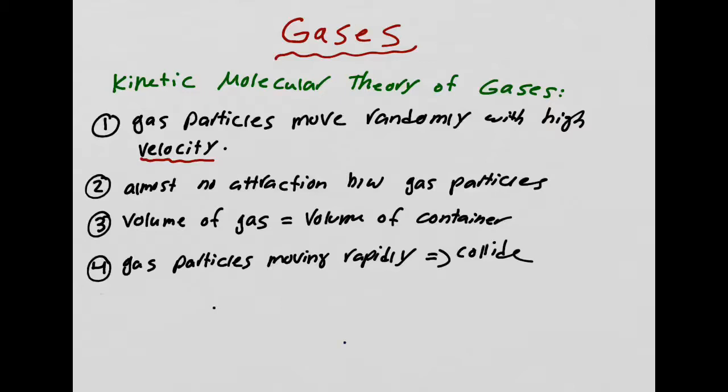The more collisions you have, the more pressure you are exerting. So let's go over this one more time. The gases are moving rapidly, right? After moving rapidly, they are going to hit the walls of the container. As you keep hitting the walls of the container, you're exerting pressure. More collisions, you're going to have a higher pressure. Okay, so far so good.